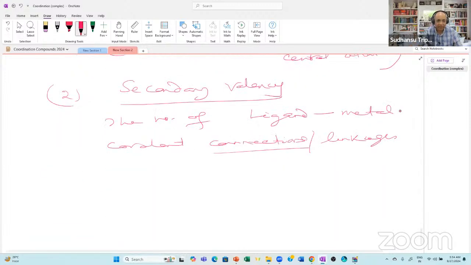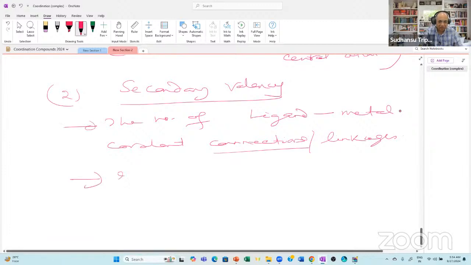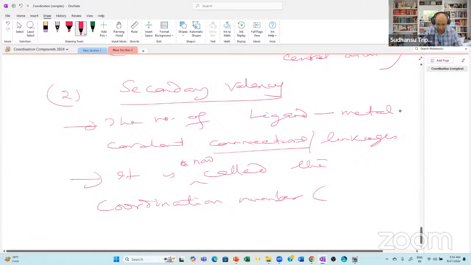Nowadays it is called the coordination number of the central metal atom. It is now called the coordination number. We shall write Cn of the central atom.